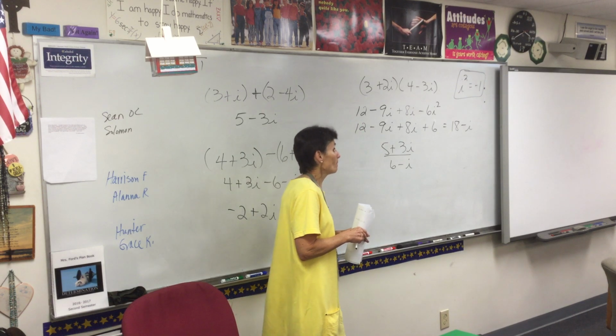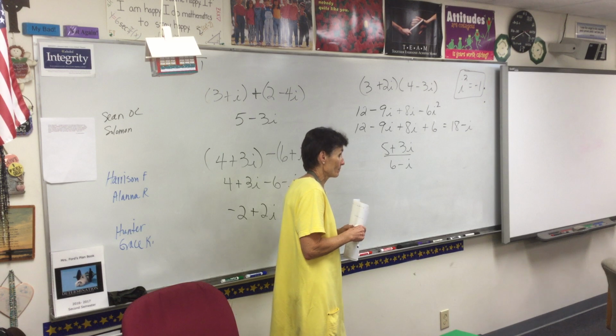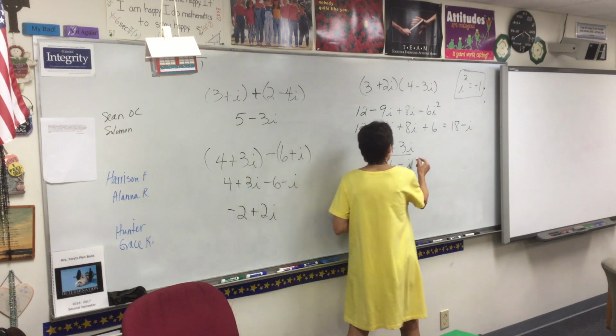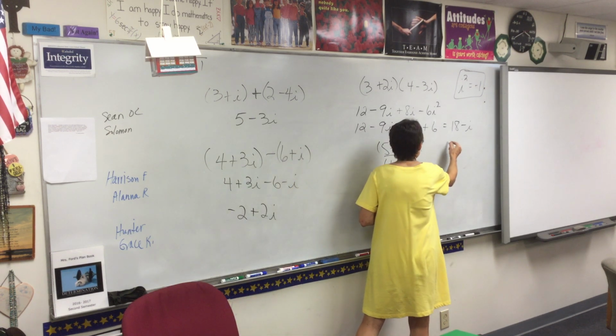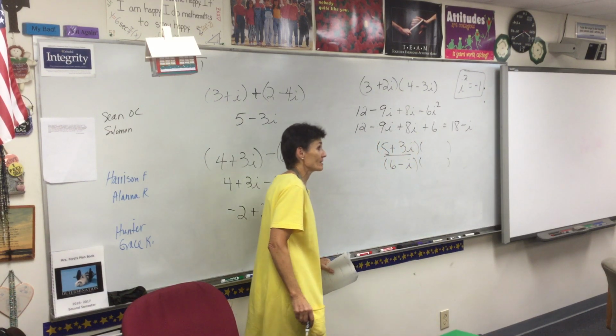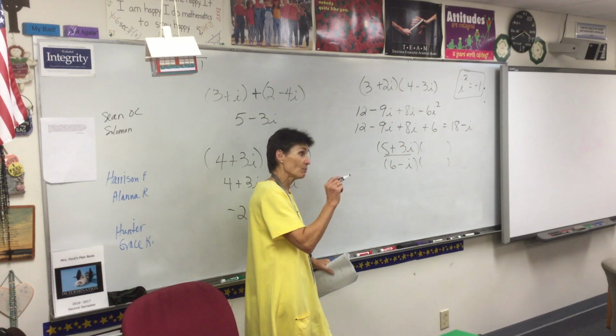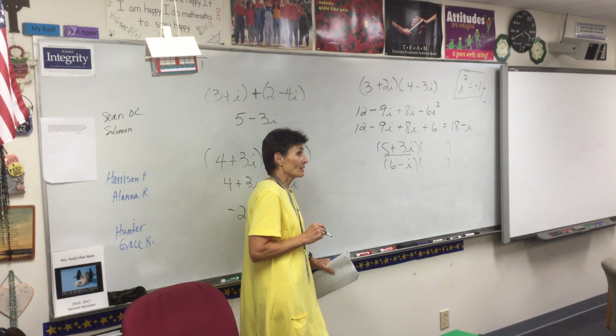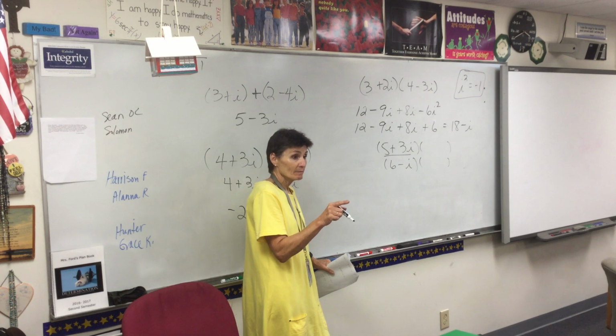Now, we are going to multiply the top and the bottom by something. Think about that for a second. Does anybody remember what we might multiply the top and the bottom by? You're exactly right. What?